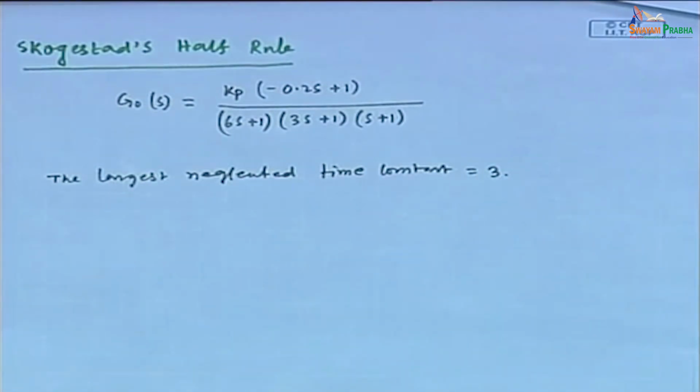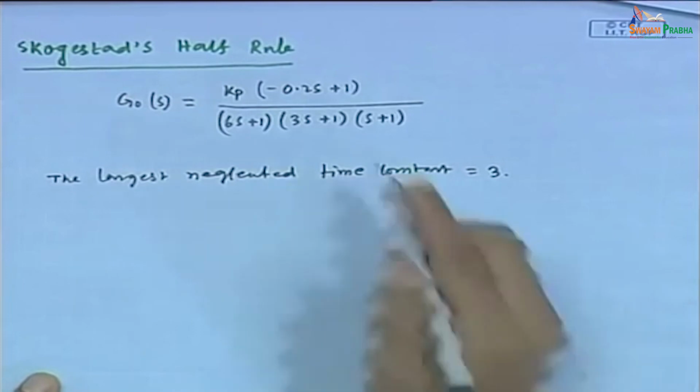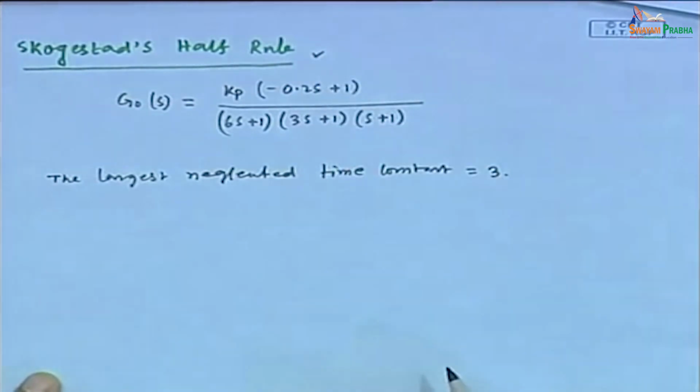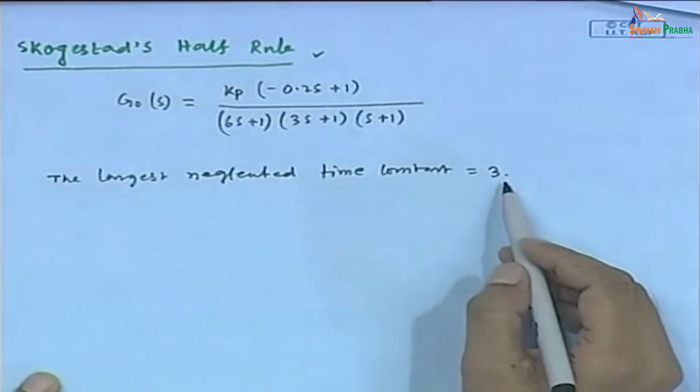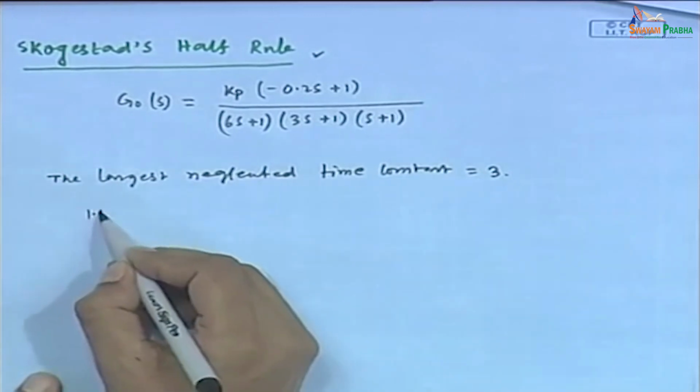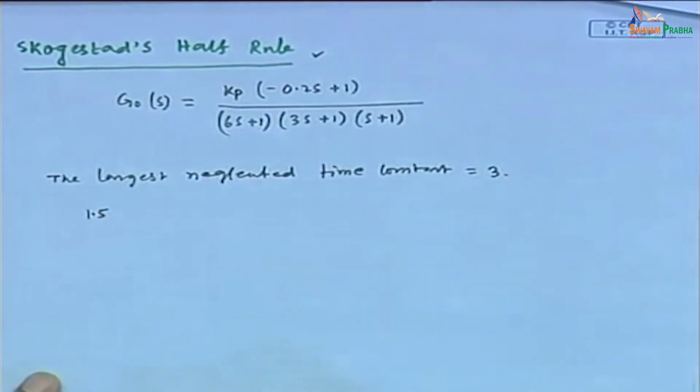Fine. In the earlier discussion, we have neglected this time constant, which is the largest one. Now, according to this Skogestad's half rule, half of this, I mean 1.5, is added to the next largest time constant.